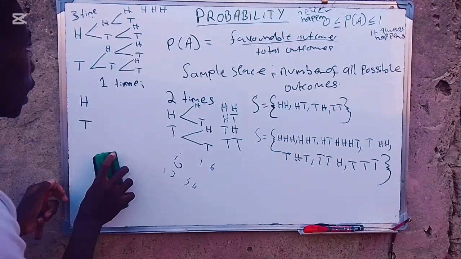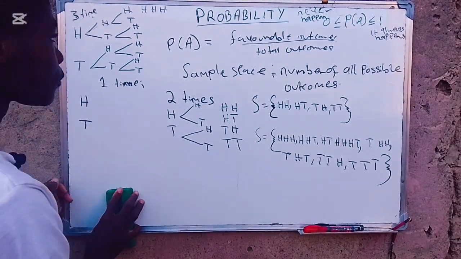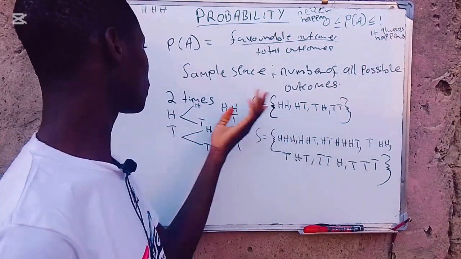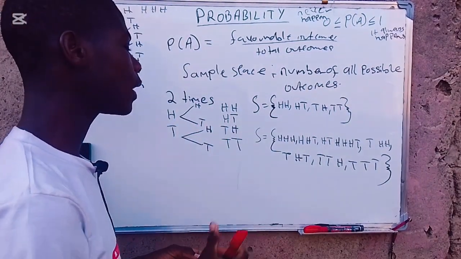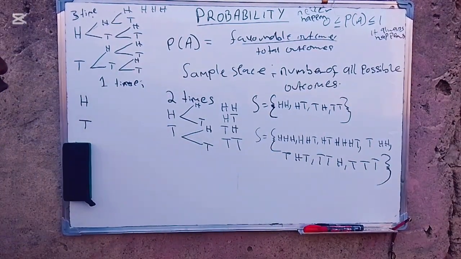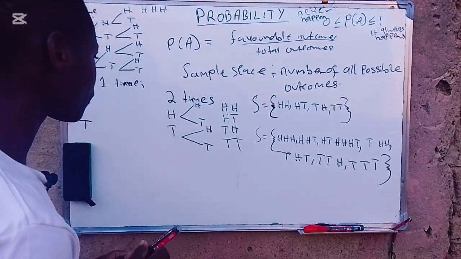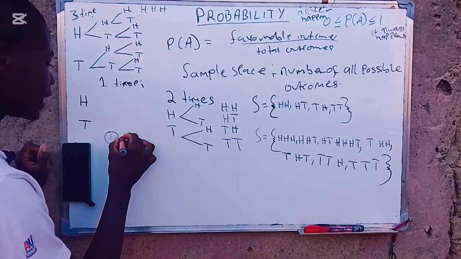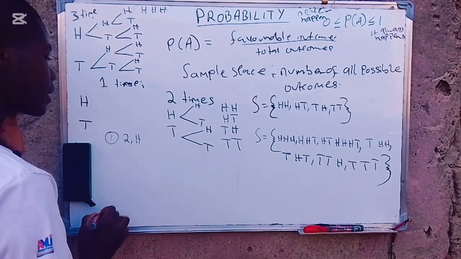So, in this example that I gave, let's take a look at flipping 2 times. If we flip a coin 2 times, question 1: what is the probability of getting at least 2 heads?